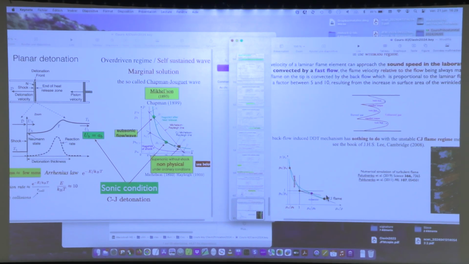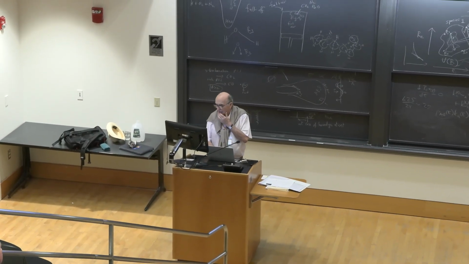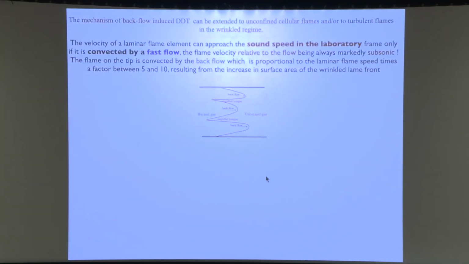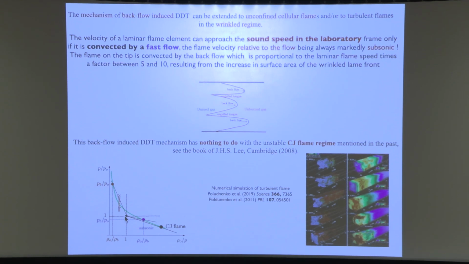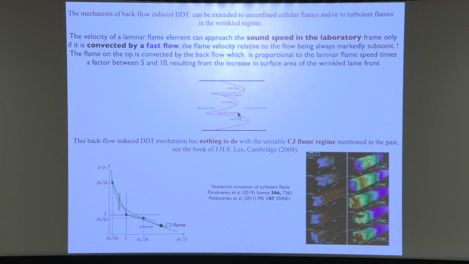What some people try to do is to give an interpretation. This is what John Lee did. He noticed that the average flame velocity he measured in turbulent flames was close to this CJ point, what he called a CJ flame, just tangent.